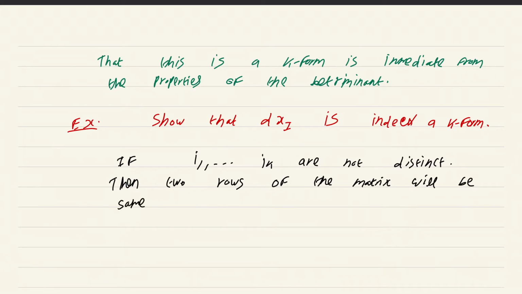So dxI is identically 0 in this case. It's a 0 form, not as in it's a function; what I mean to say is it's identically constant 0 on all vectors v1 to vk.